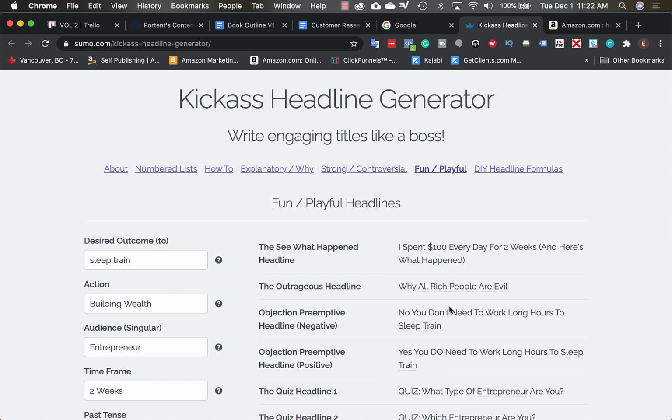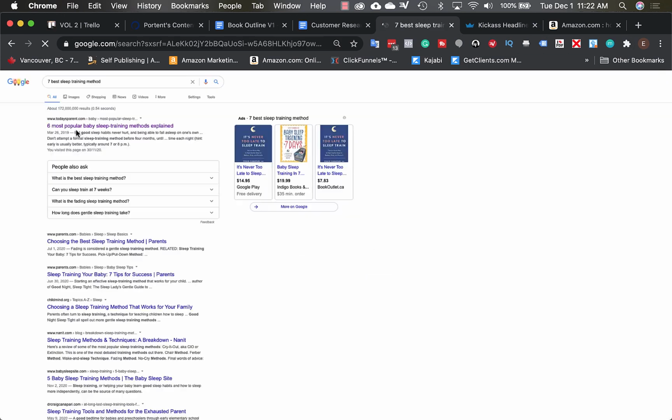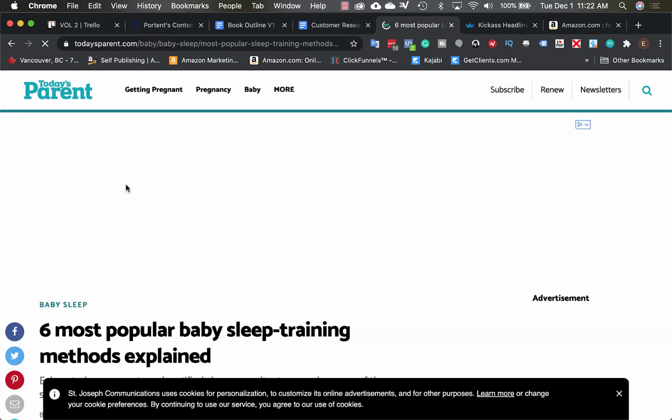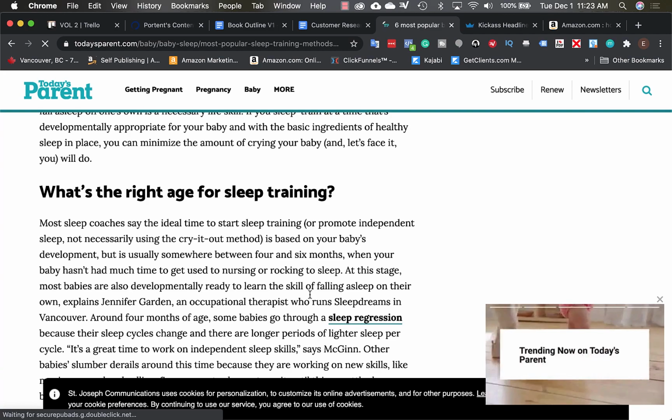And that is now, as we go into Google, right? 7 best sleep training. Okay. And here, 6. I try to find a 7th because odd numbers sell better than even numbers. But here's where I'm going to start to do my research. We're going to start looking at these, reading this, what's the right age for sleep training.